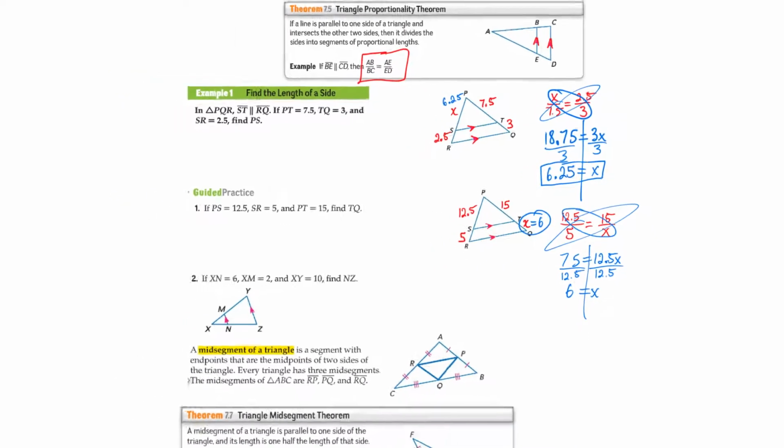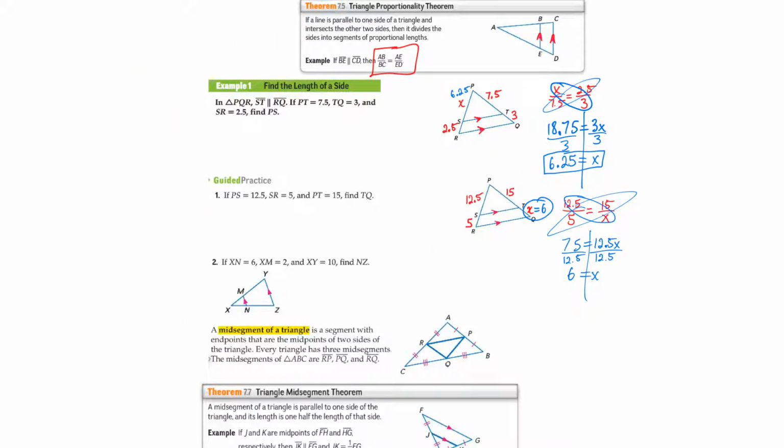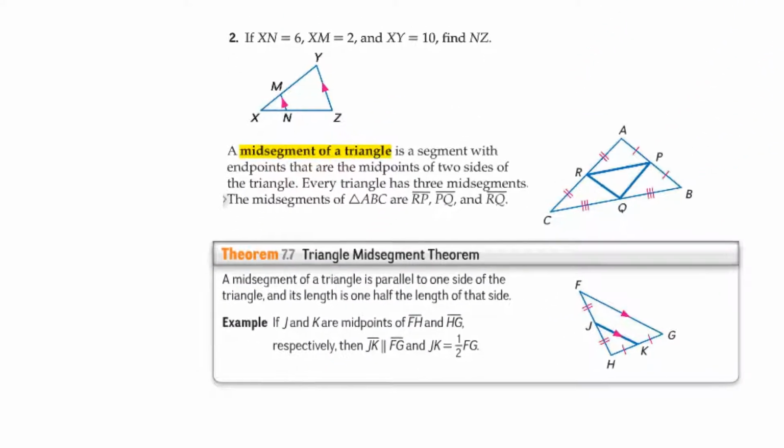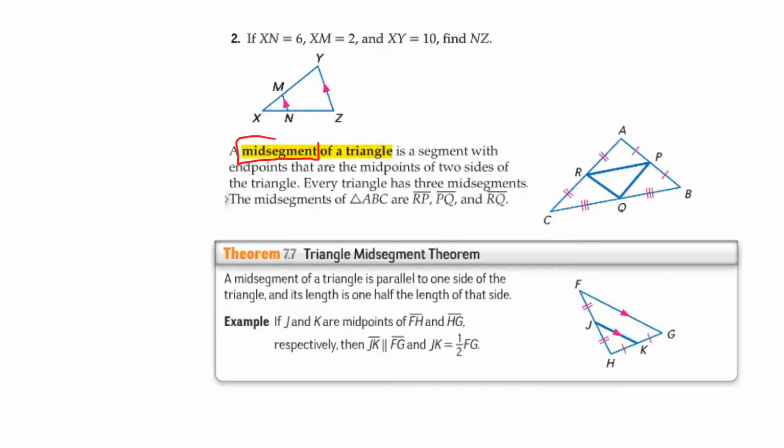Like I said, that's really the same stuff we did on Tuesday. The one new thing today is the idea of a mid-segment. A mid-segment of a triangle is a segment with endpoints that are the midpoints of two sides of the triangle. Every triangle has 3 mid-segments.